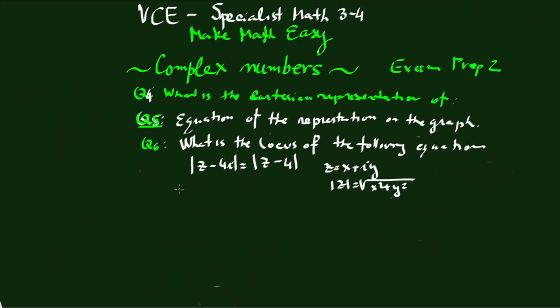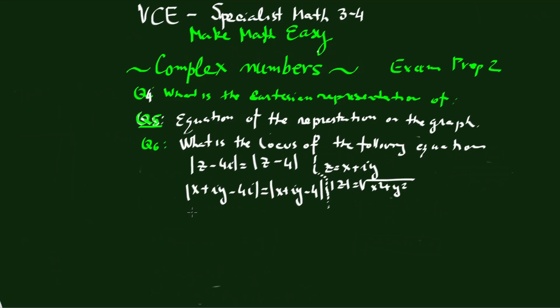So when you solve the equation, you get |x plus iy minus 4i| equals |x plus iy minus 4|.